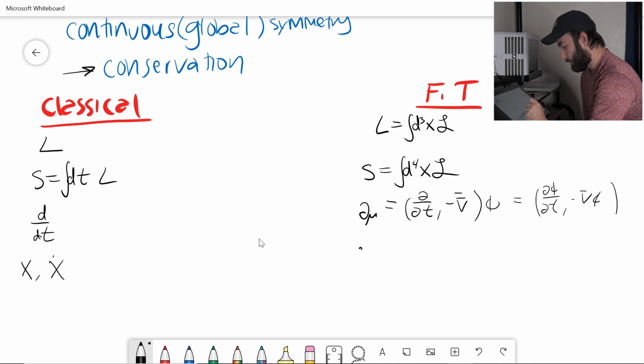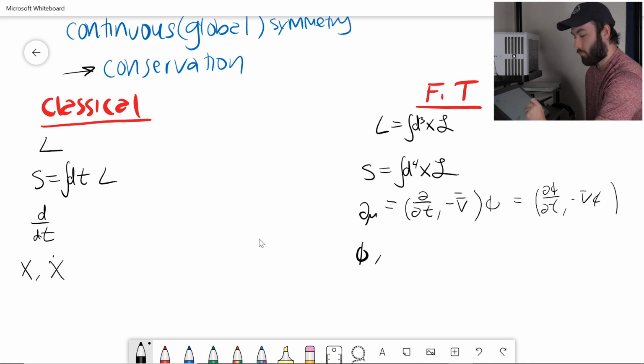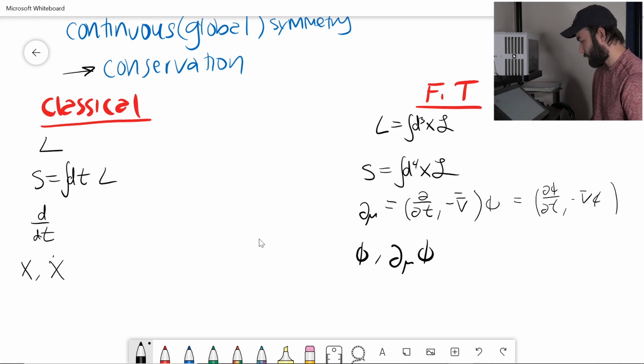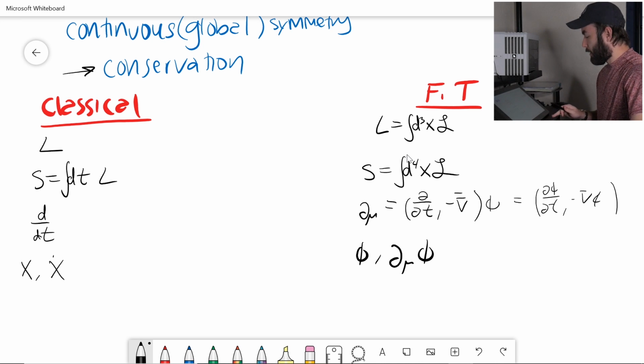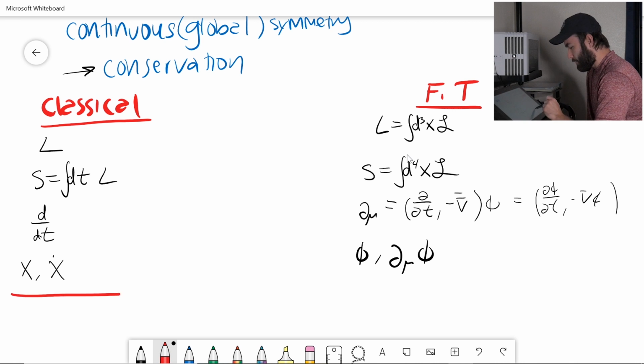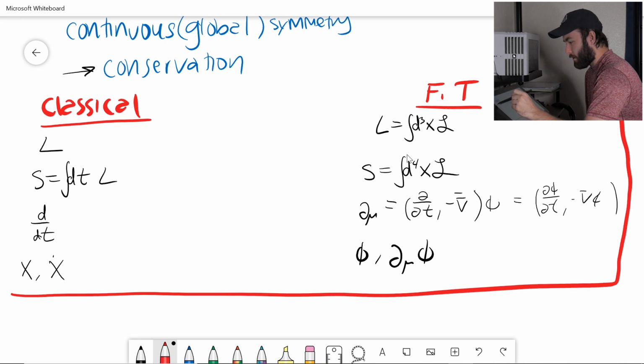So we have fields and their derivatives. But again, instead of time derivatives, we have the 4-derivatives, d mu phi. And I think that's about it. That's all we'll need to connect the dots from regular classical mechanics to field theory. So I'm going to go ahead and box this in, and we will be referring to this pretty frequently.